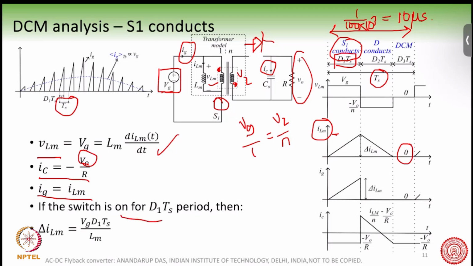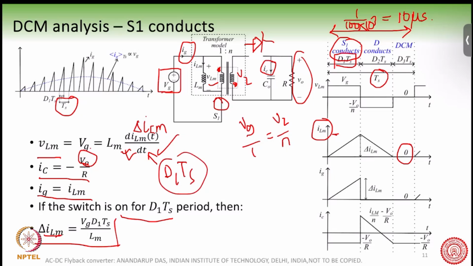Now, if the switch is on for D1 TS time period, then delta IM will be, putting VG into this one, delta IM over dt, where dt becomes D1 into TS here. And therefore, you can get the value of delta IM is equal to Vg into D1 TS divided by LM.